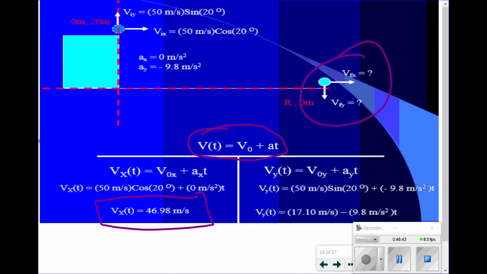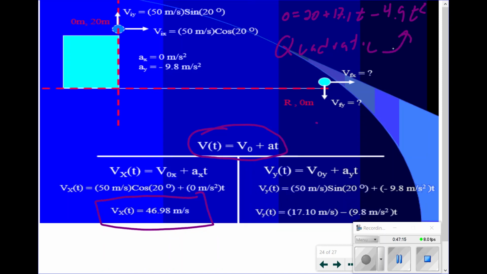So I can say in the end, using my y-axis motion, that a height of 0 equals 20 plus 17.1t minus 1 half of negative 9.8, which is 4.9t squared. This is a quadratic.